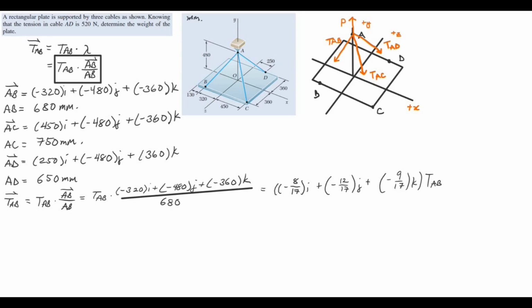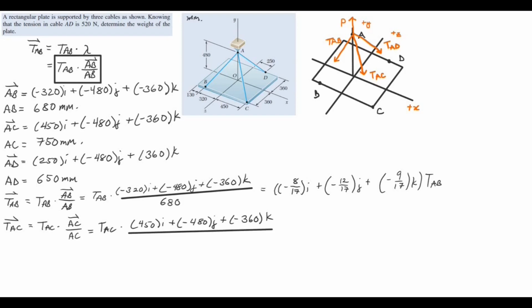So I'm simply going to do the same thing for the other 2 vectors. Tension AC is equal to the magnitude tension AC times vector AC all over the magnitude of vector AC, which is 750.